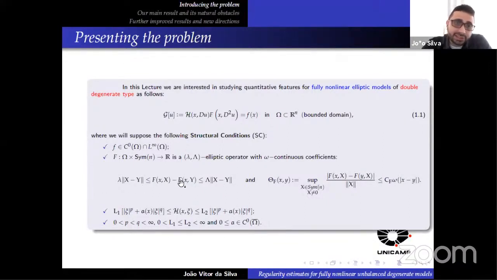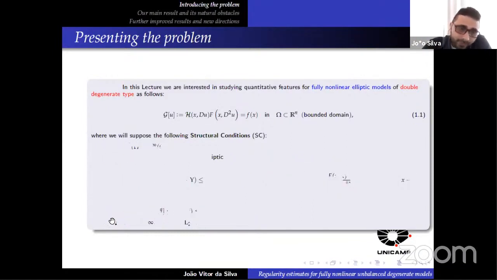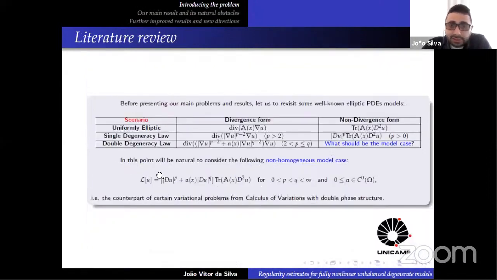The operator is Lipschitz in the matrix variable, has omega-continuous coefficients, that is, the supremum over the coefficients has a uniform universal modulus of continuity. The right-hand side is a continuous bounded profile, and this scalar vector field is comparable from below and above. For the model case, this is the scalar vector field.